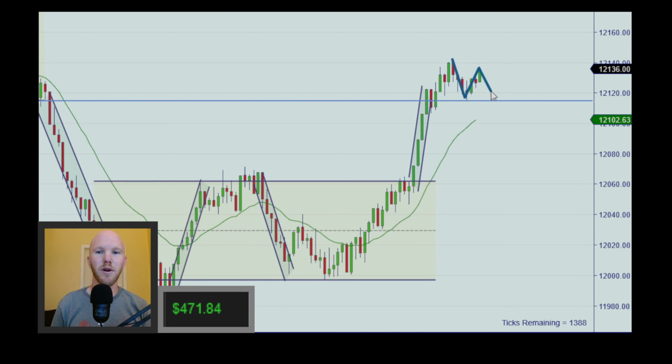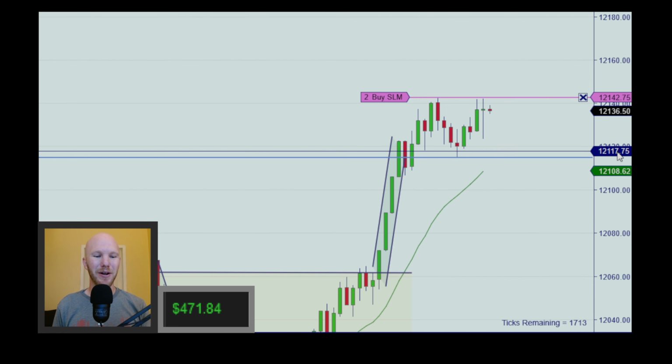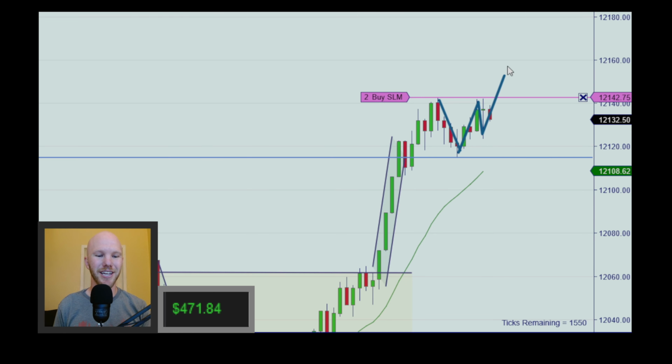We're waiting for one more pullback and then a second entry, and then we can take a long position. There we go. Okay, we ticked lower, so if this bar finishes bullish, we'll be able to get long. Our order is in. We're ready. If this goes higher, we should get a nice little move up. Again, we have our pullback, first entry, another pullback, and this will be our second entry long.